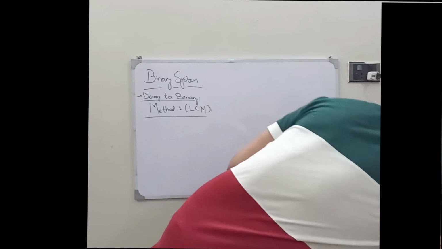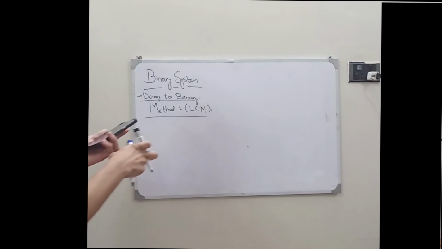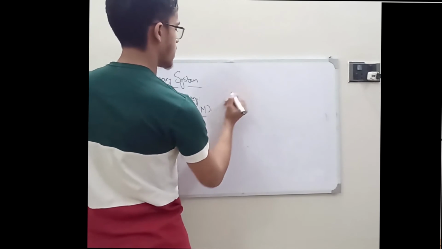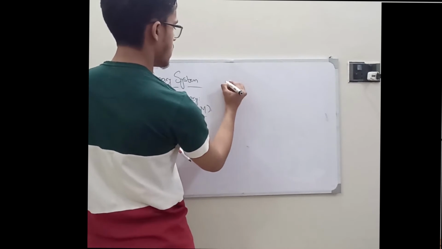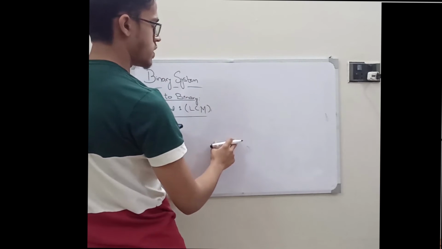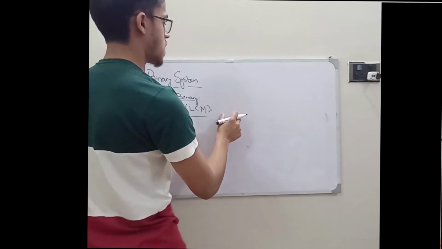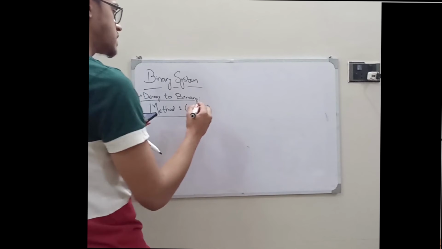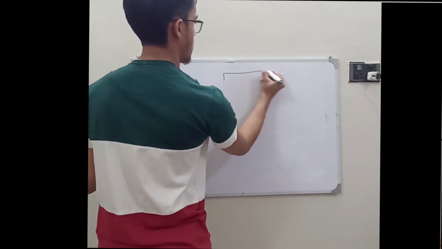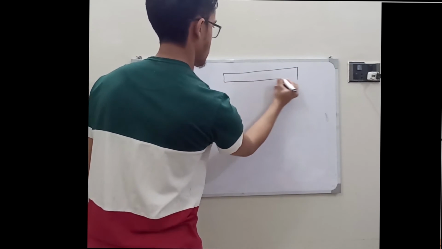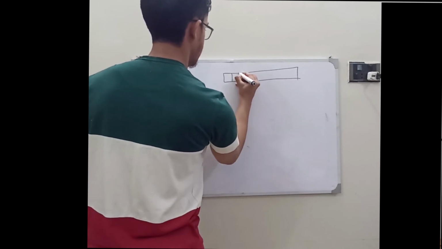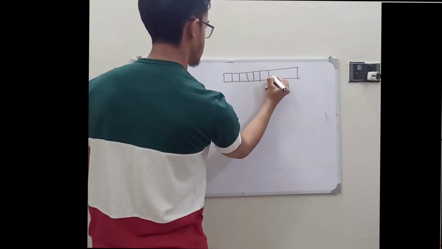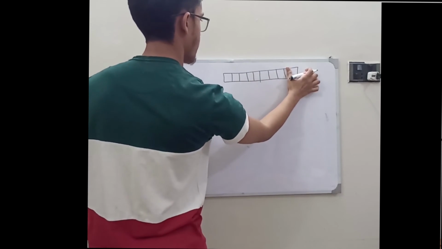So before I move to method 2, let me tell you one thing that I said in the last video: proving why the maximum denary number which can be represented in an 8-bit binary number is 255. Let me tell you the reason why right now. Let's consider this example: 1, 2, 3, 4, 5, 6, 7, 8.